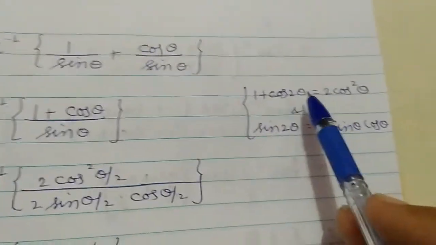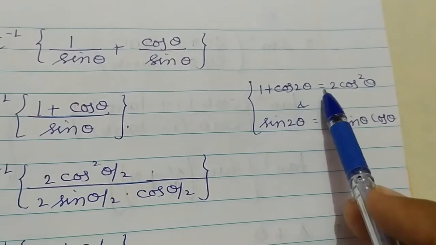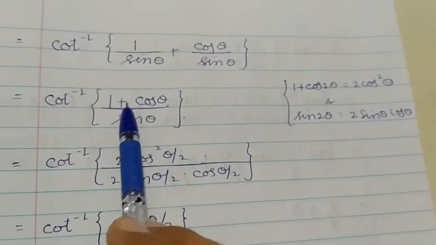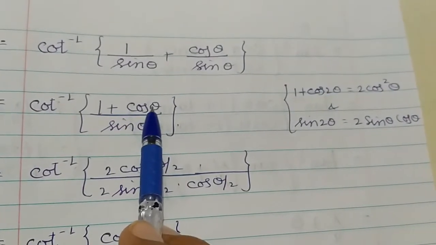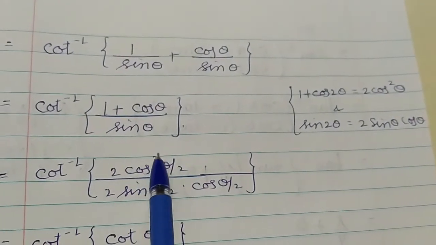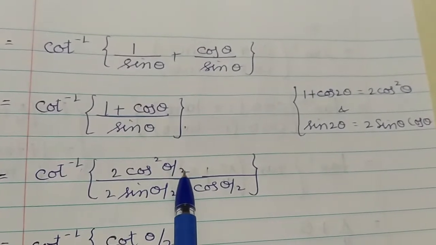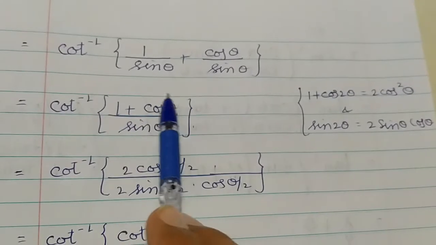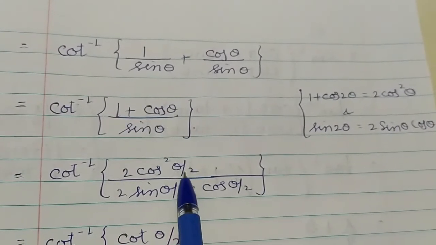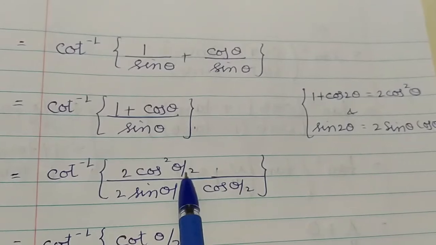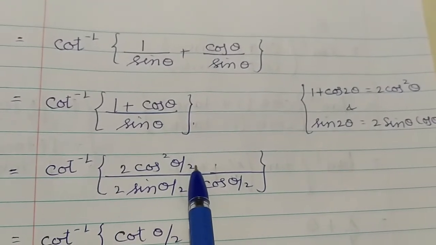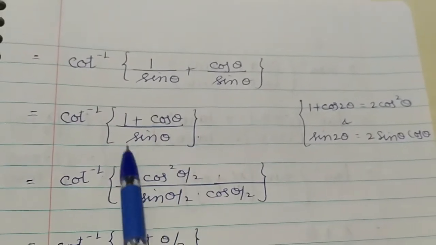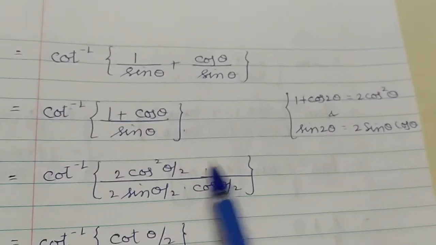Here we shall use the trigonometric formula 1 plus cos 2 theta equals 2 cos square theta. Using this formula, we can write 1 plus cos theta equals 2 cos square theta by 2. Now the numerator is changed into theta by 2, so we have to convert the denominator also into the form of theta by 2.